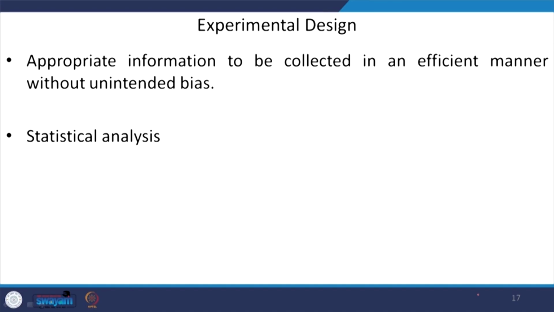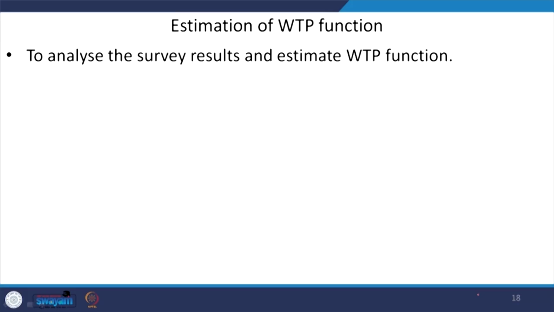Another thing that must be taken into account is going for the right kind of statistical analysis of the survey data and information. That is how we need to look into the experimental design.